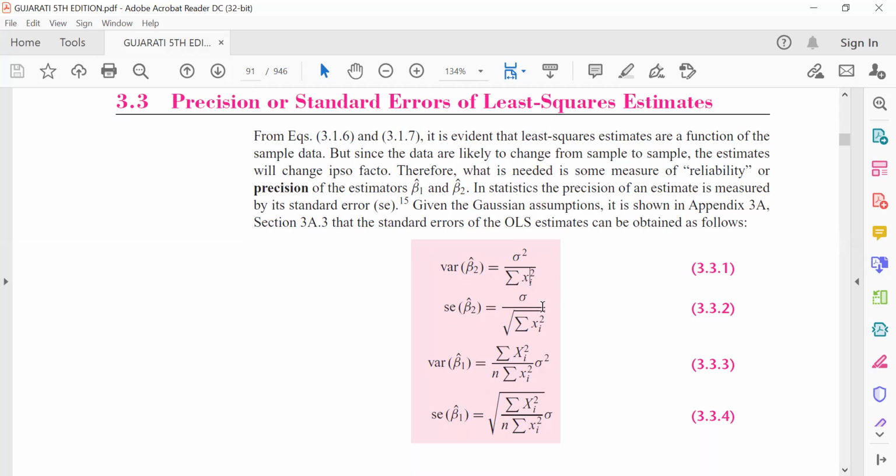The standard error of beta 2 is the square root of the variance of beta 2. Then the variance of beta 1, this is one formula for the variance of beta 1, and the square root of the variance of beta 1 is the standard error of beta 1. The standard error is used to calculate the T statistic.